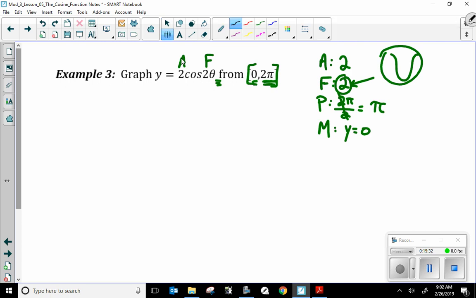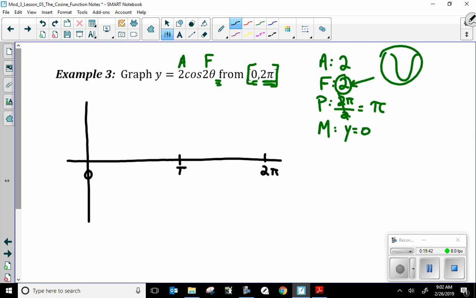Let's do this. Zero. This is 360, which is 2 pi. Half of that is 180, which is pi. Half of that is 90, which is pi over 2. And then 270 is 3 pi over 2.